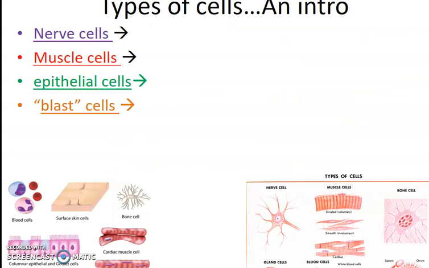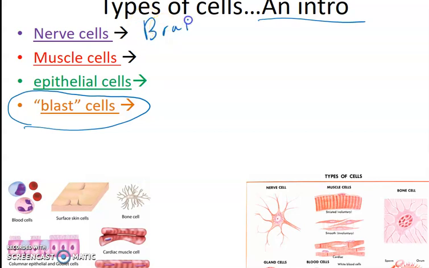Now we're going to go into types of cells. This is an introduction. We're going to talk about these types of tissues in the next lecture. So we have nerve cells, we have muscle cells, we have epithelial cells, and we have blast cells, which are mainly in connective tissues. So where do we have nerve cells? That's right, the brain. Where else do we have nerve cells? Nerves.